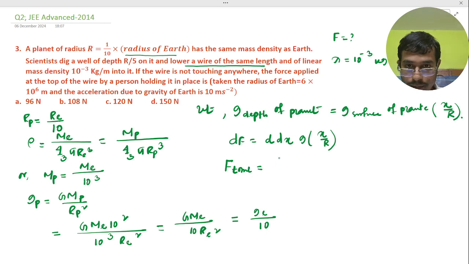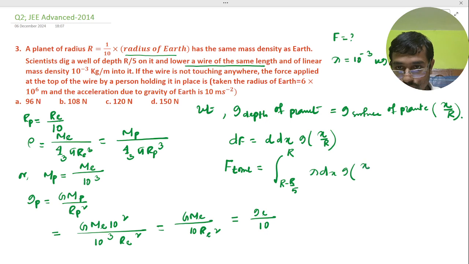So F total becomes, the lower limit, basically r by 5, so the lower limit becomes r minus r by 5, and the upper limit r. So here put the lambda dx and the g as usual x by r.